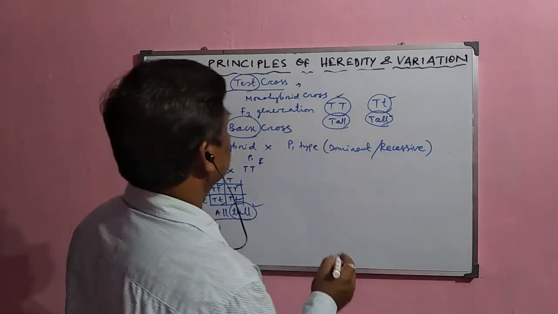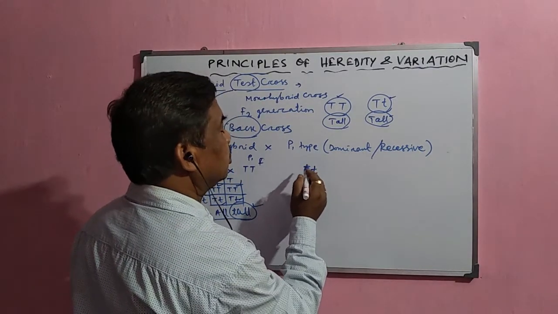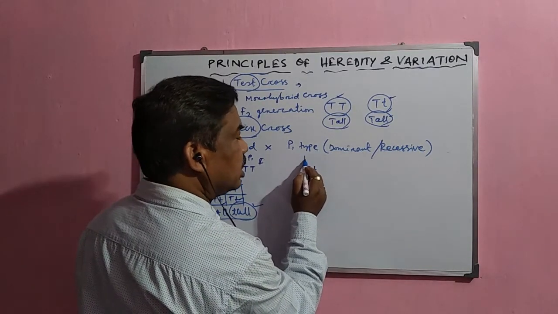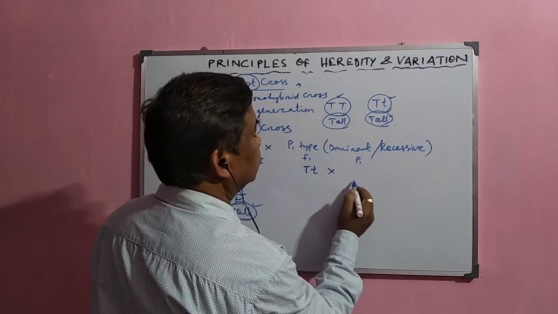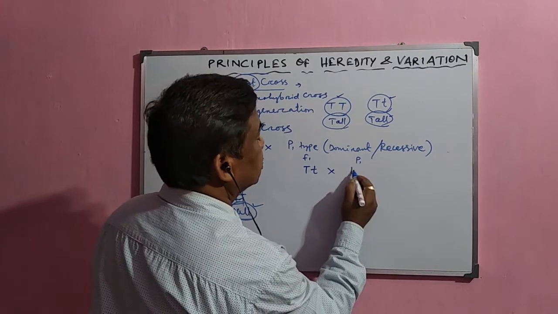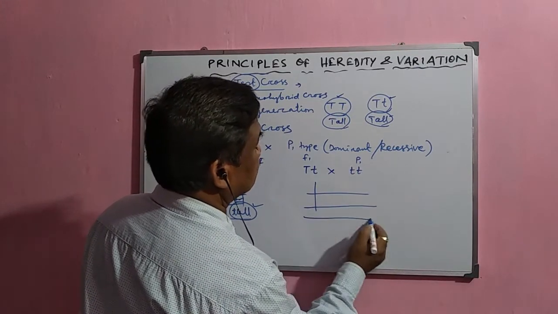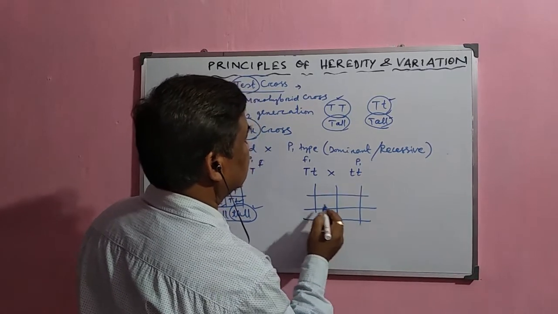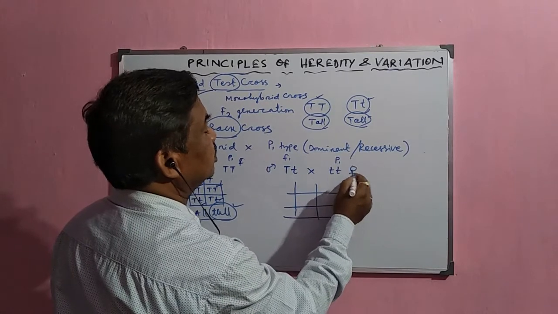But when he crossed the F1 hybrid, capital T small t, with the parental recessive type, small t, what happened? Look at the gametes formed here. Suppose this is the male one, this is the female one.